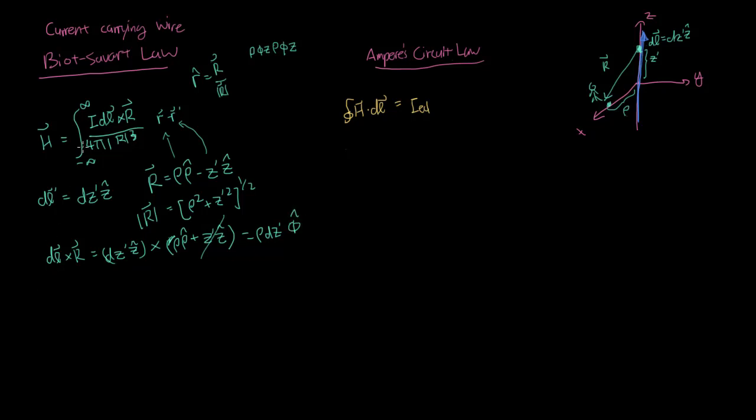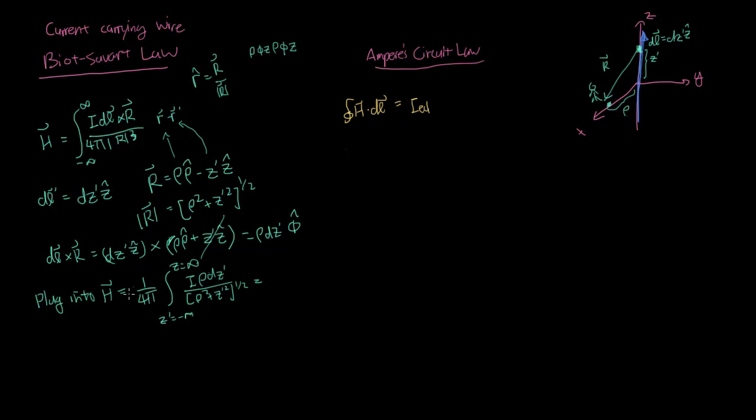So now we plug all these quantities into our expression for h, and all you are left with is just a very ugly integral. We're going to get 1 over 4 pi, and then integral from z prime equals minus infinity to z prime equals infinity of I rho dz prime all over rho squared plus z prime squared to the 1/2.